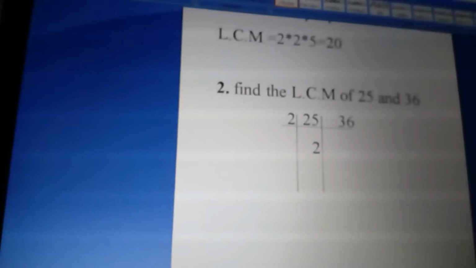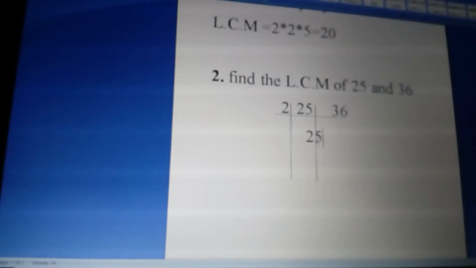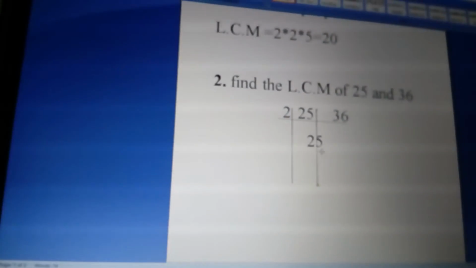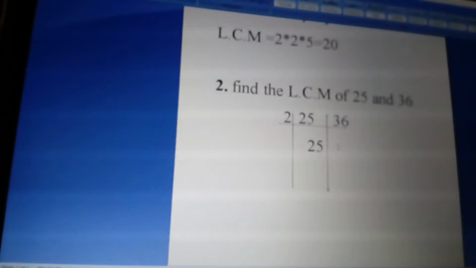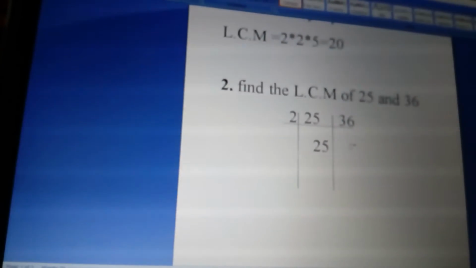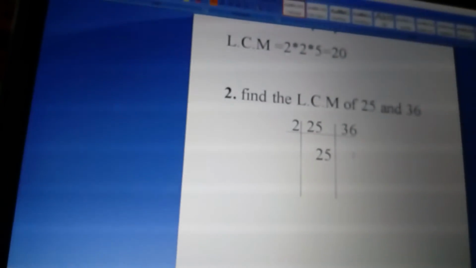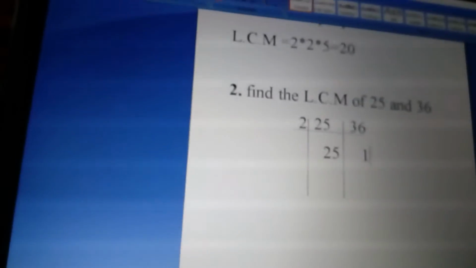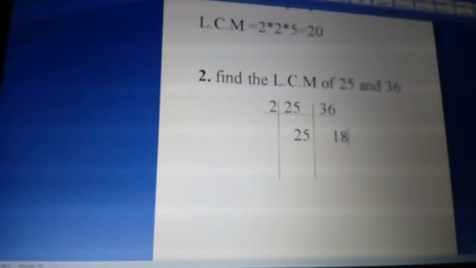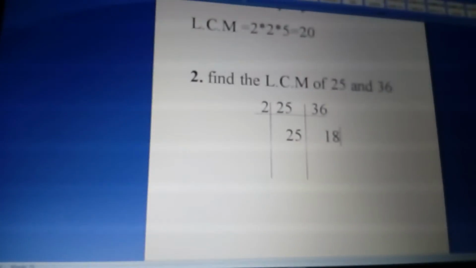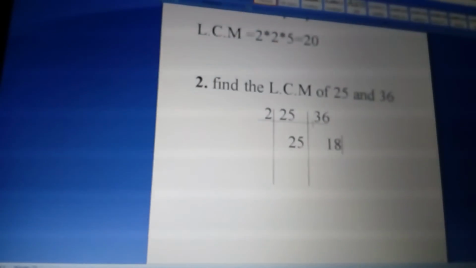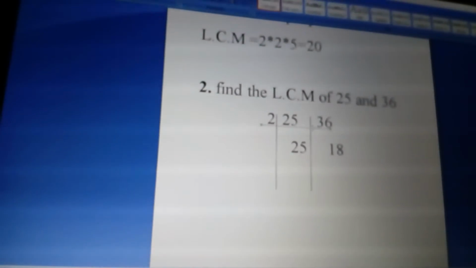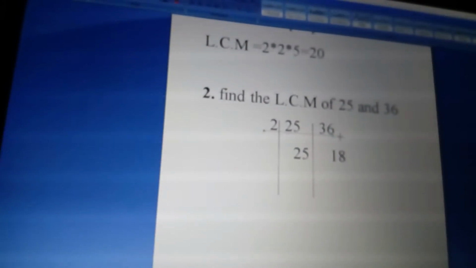What you do, you bring back your 25 and you test again. Is 36 divisible by 2? Yes. So you say 36 divided by 2 gives us 18. Alright, so let's move forward.